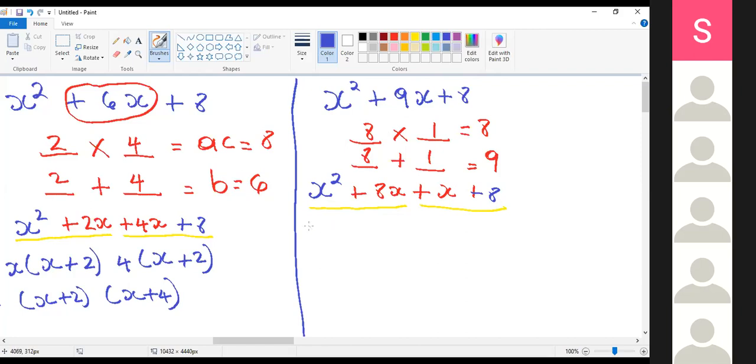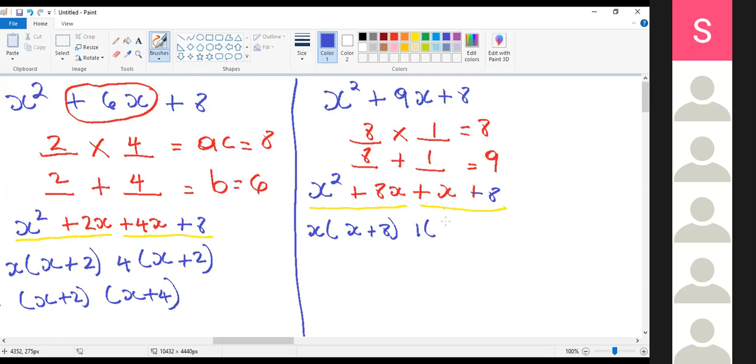X, bracket x. X into 8x, plus positive 8. All right. What's the factor for x and 8? 1.